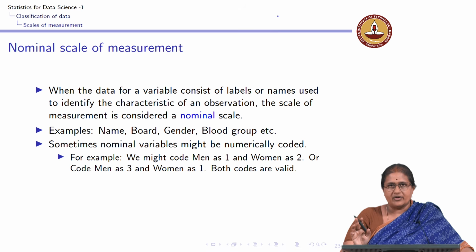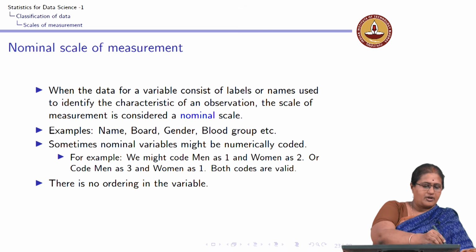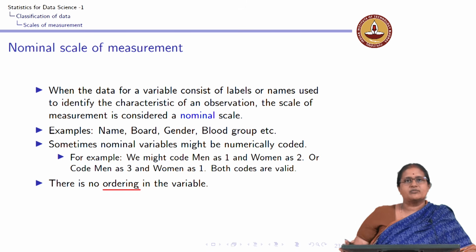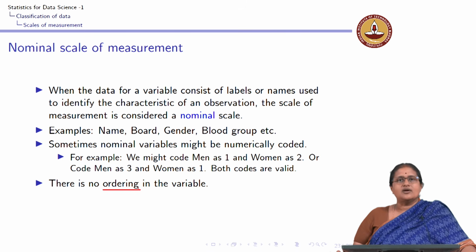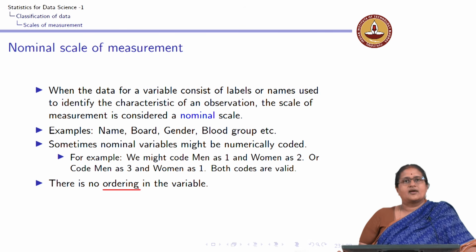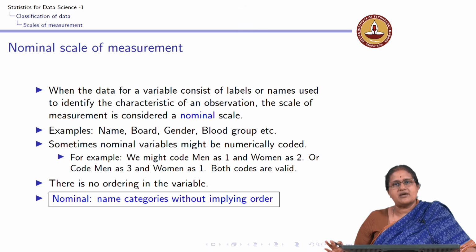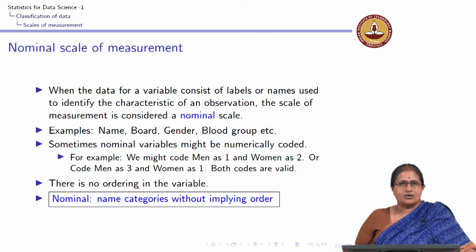When nominal variables are coded, whether 1 or 2 or 3, both codes are valid. There is no ordering. This is extremely important that we understand. When I talk about nominal variables, there is no ordering in the variable. So, a nominal variable is just named categories without implying order.